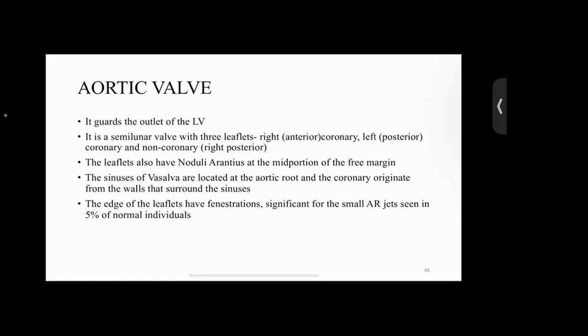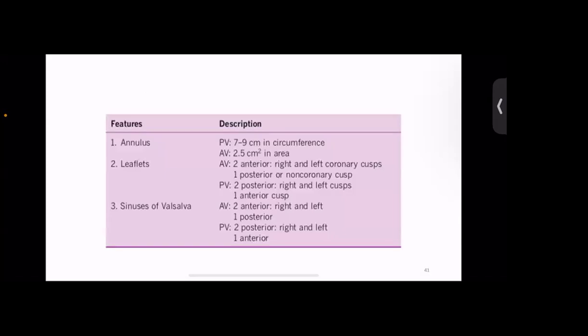And then the sinuses of Valsalva are located at the aortic root, and the coronary arteries originate from the walls that surround the sinuses. So the edge of the leaflet has fenestrations, significant for the small AR jets seen in 5% of normal individuals. So the annulus of the aortic valve.